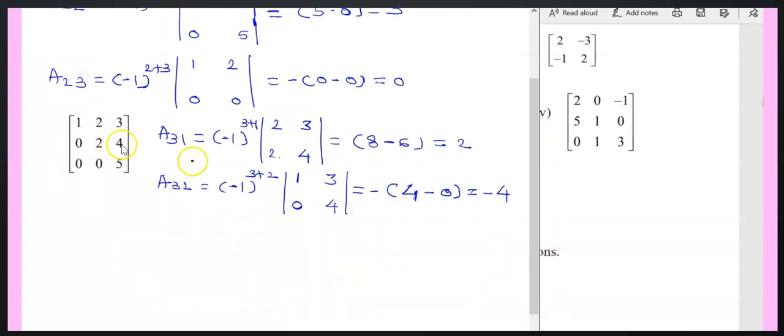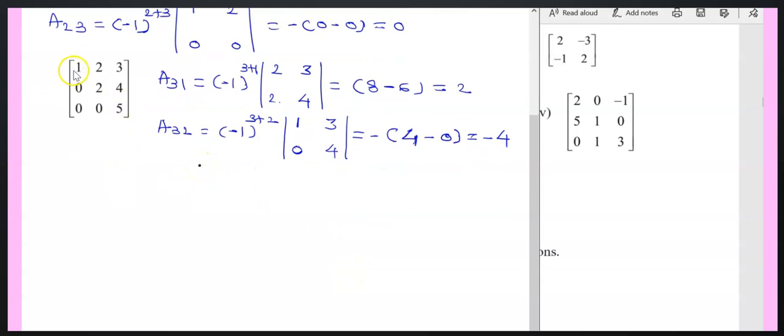If you delete these two, that is 1 2 0 2. 3 plus 3, 1 2 0 2. Therefore, you will get 2. These are the cofactors. Now we'll write the cofactor matrix.